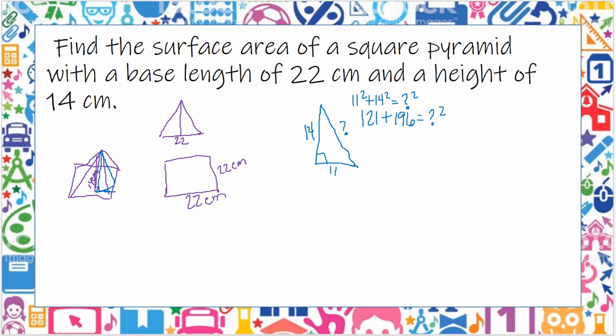Then we add those together, and we get 317. So now, to get rid of that squared, we have to take the square root of both.